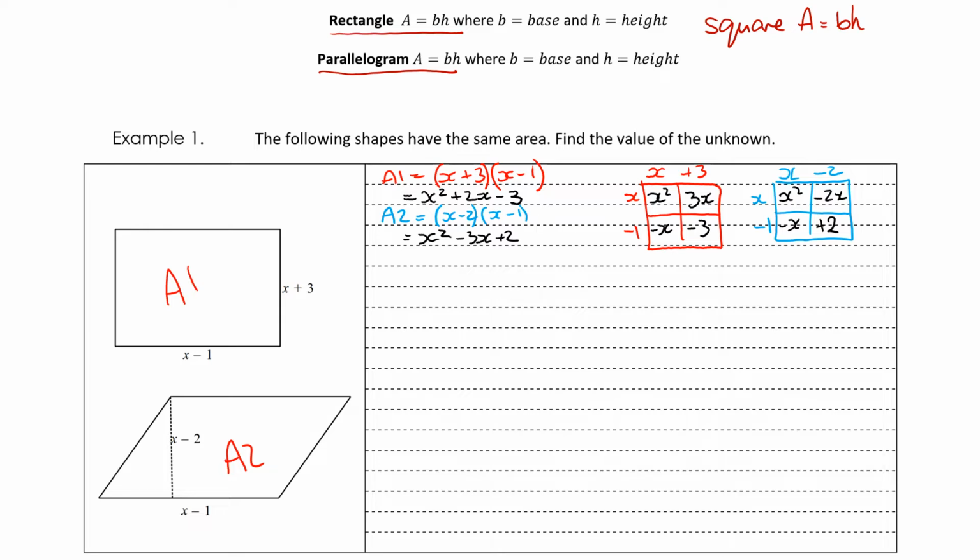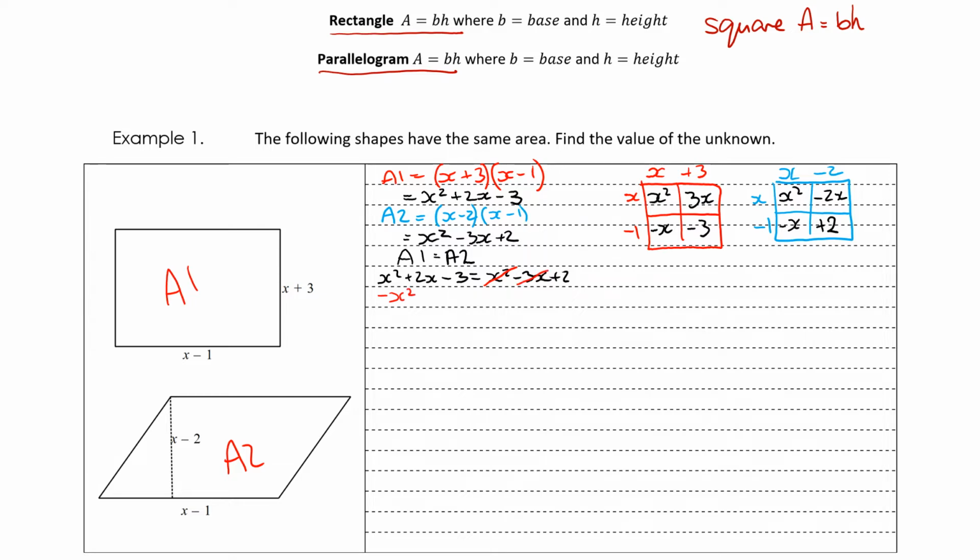Now it says they have the same area. So what we can do is we can say that area 1 equals area 2. Or we can say that x squared plus 2x minus 3 equals x squared minus 3x plus 2. Now let's combine these terms. So let's put everything over to one side of the equal sign. Try to solve. So first thing I'm going to do is minus the x squared term.